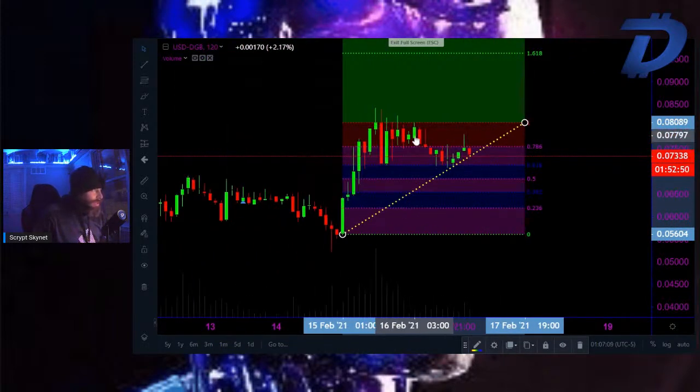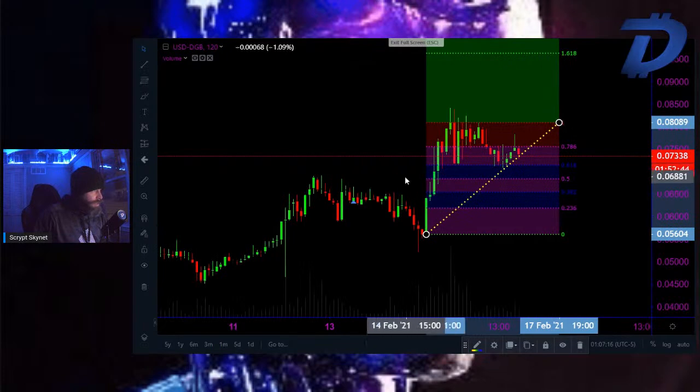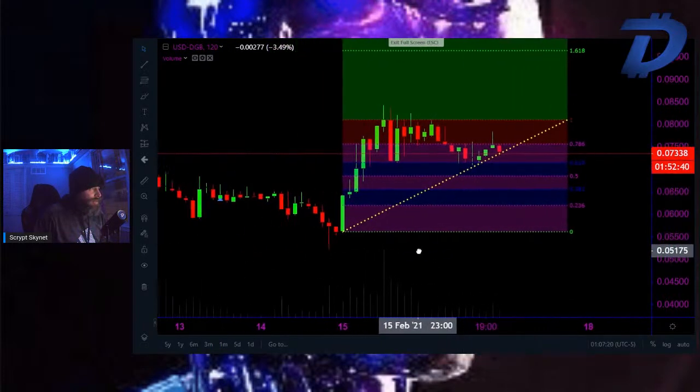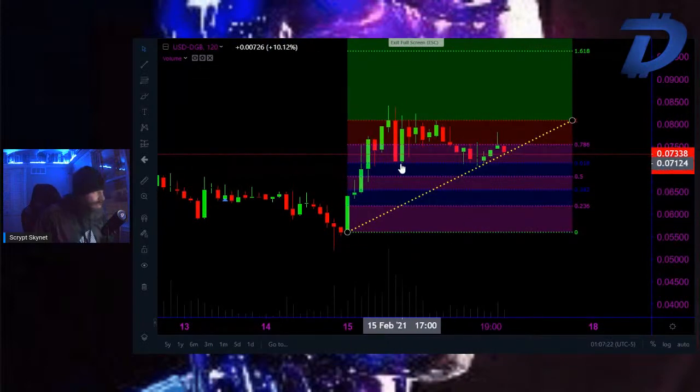That's cool and all. Does it all line up? Looks like it all lines up, and it's pretty much a range, guys. So whatever fits. This one actually looks like it's fitting, except for the wicks. You have to understand, this is a resistance line.